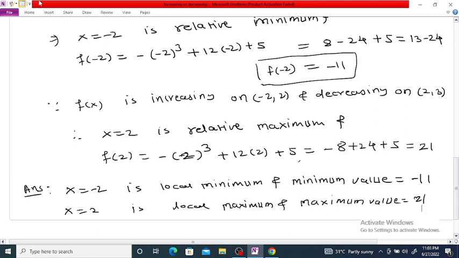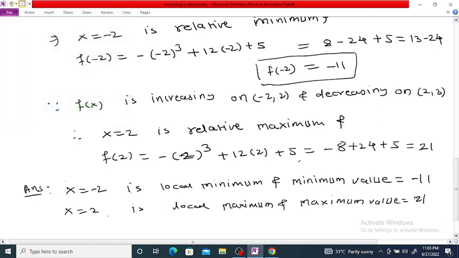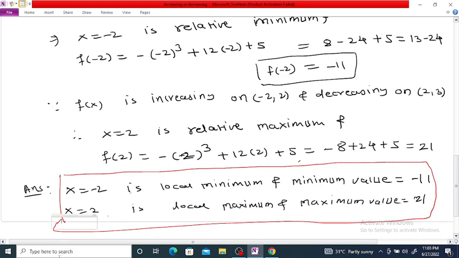So this is the answer of the given question. Here we have determined the intervals on which the function is increasing or decreasing, also the local maximum and local minimum, where f of x has a local maximum or local minimum, and their maximum and minimum values.